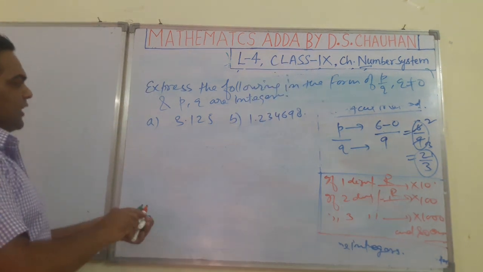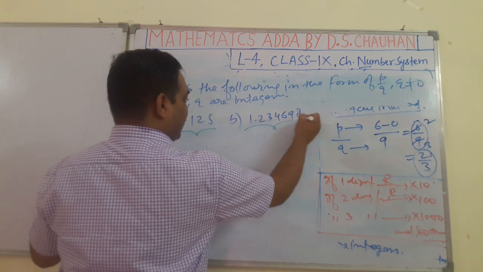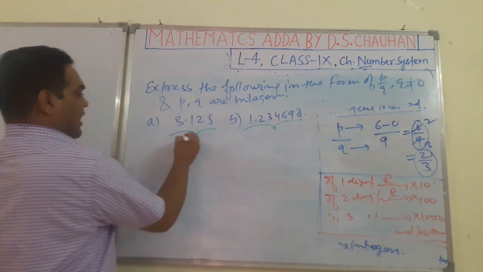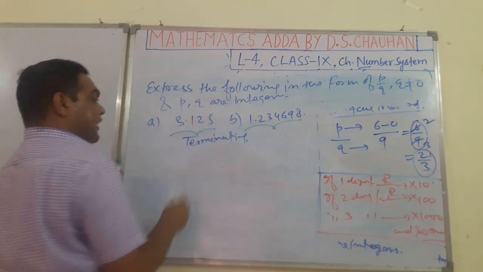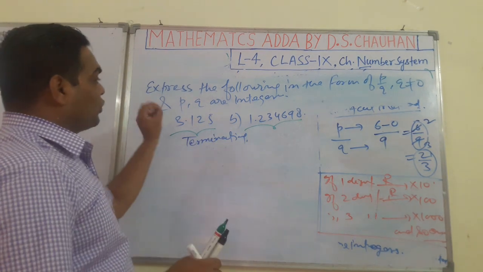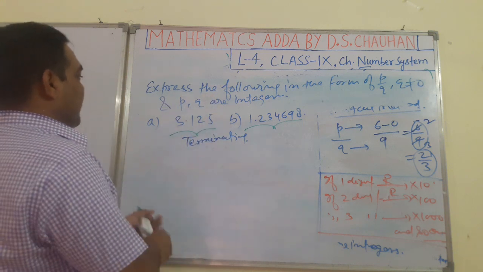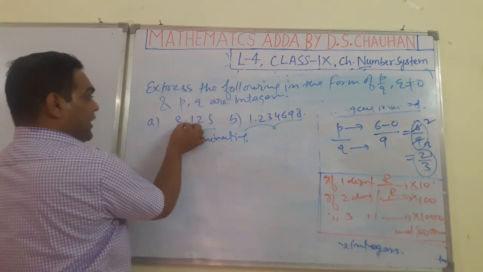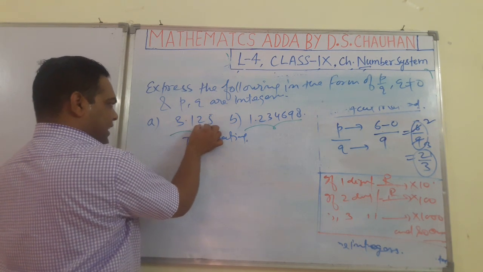See here, students, you are looking at both decimal numbers where the decimal expansion is of the terminating case, means after decimal it is going to stop after some steps. See, students, here after decimal it runs only 3 steps, first, second, third.